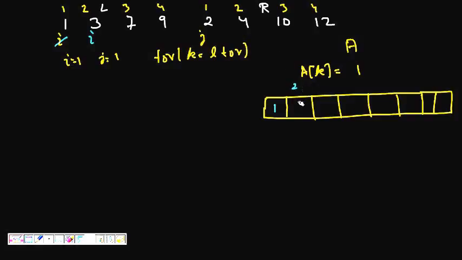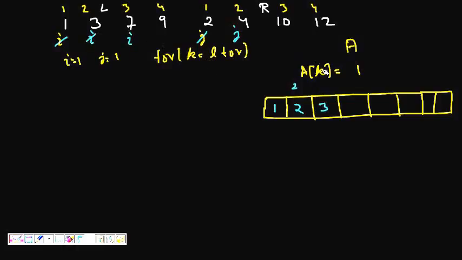So here it comes 2, and j is incremented. Now for A of 3, again we compare these two and put the minimum here. L of 2 is 3 and R of 2 is 4. So we copy 3 here, and now i is incremented and it is 3.